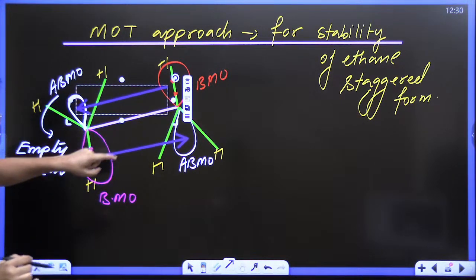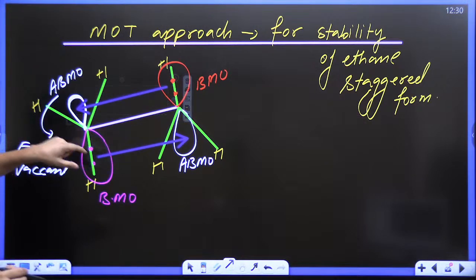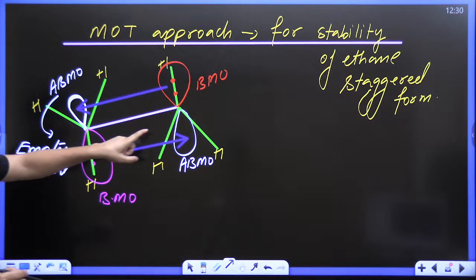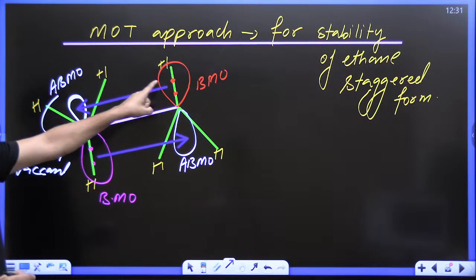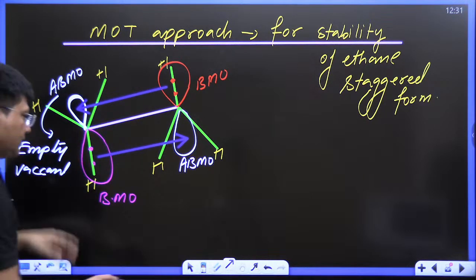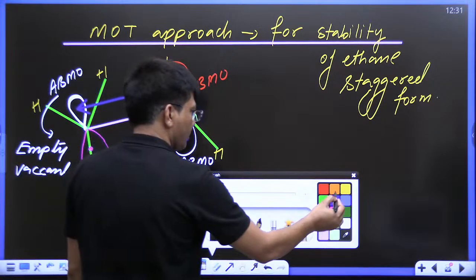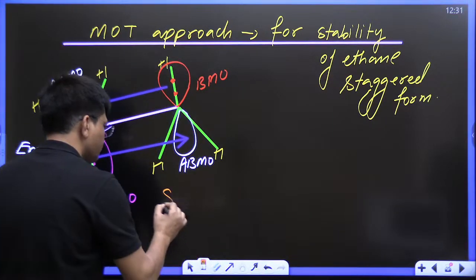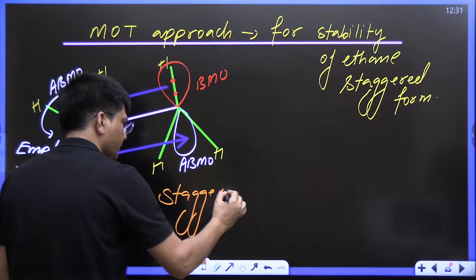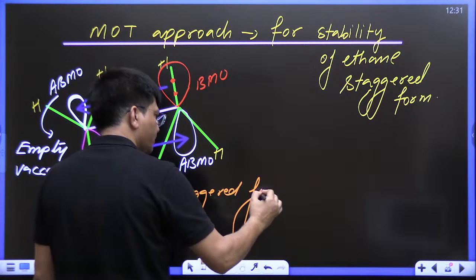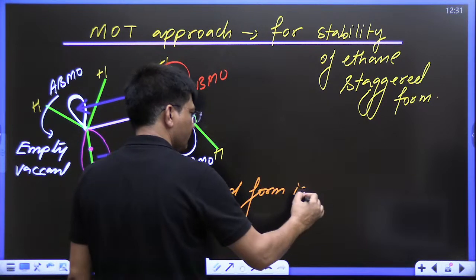You can say this is hyperconjugation, or stabilization, that this electron can go to this ABMO and this BMO electron can move to this, and that's why the staggered form is more stable. Staggered form is more stable.